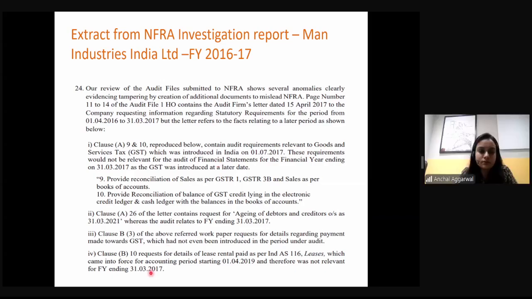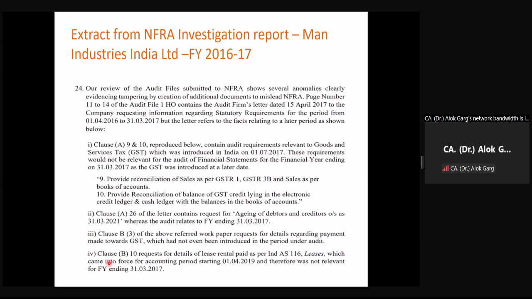Number two, you will be surprised to see that another letter was issued to request some reconciliation and documents relating to lease rental paid as per Ind AS 116. Since this was a listed company, Ind AS was applicable, right? And there is a standard Ind AS 116 which takes care of lease accounting.